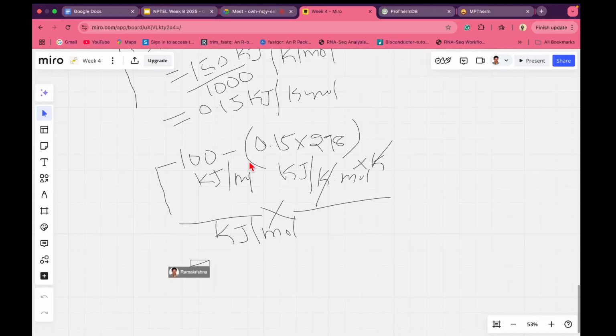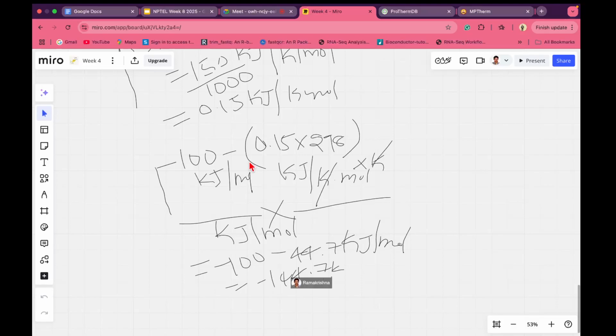So we can directly subtract, that is minus 100 minus 44.7 kilojoule per mole. So it is minus 144.7. So this is how delta G is calculated.